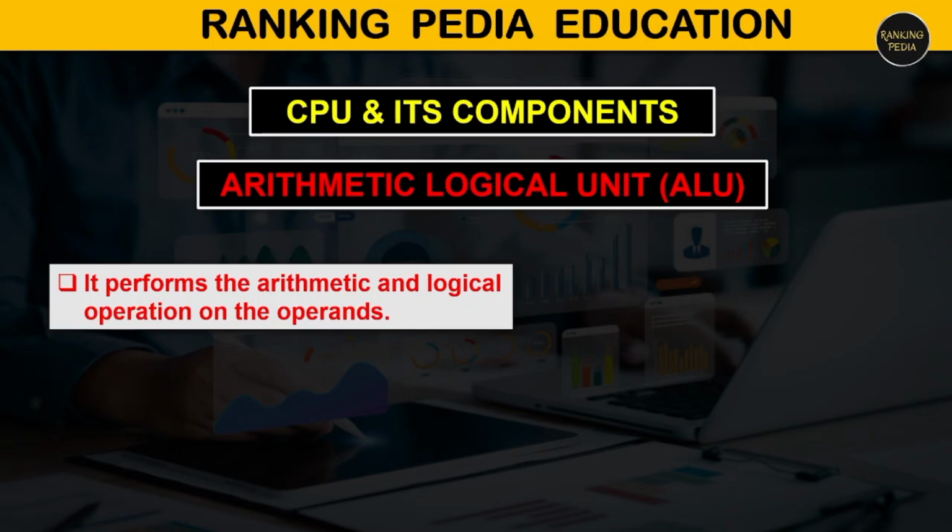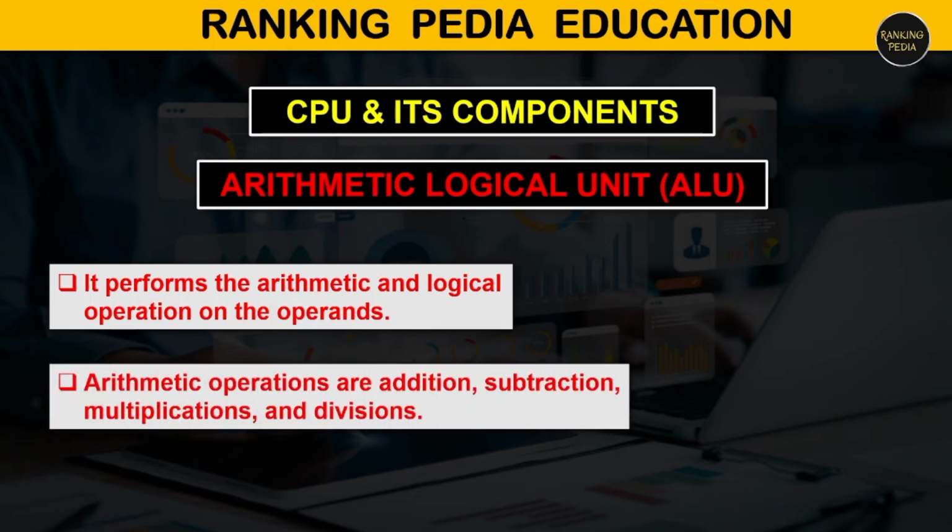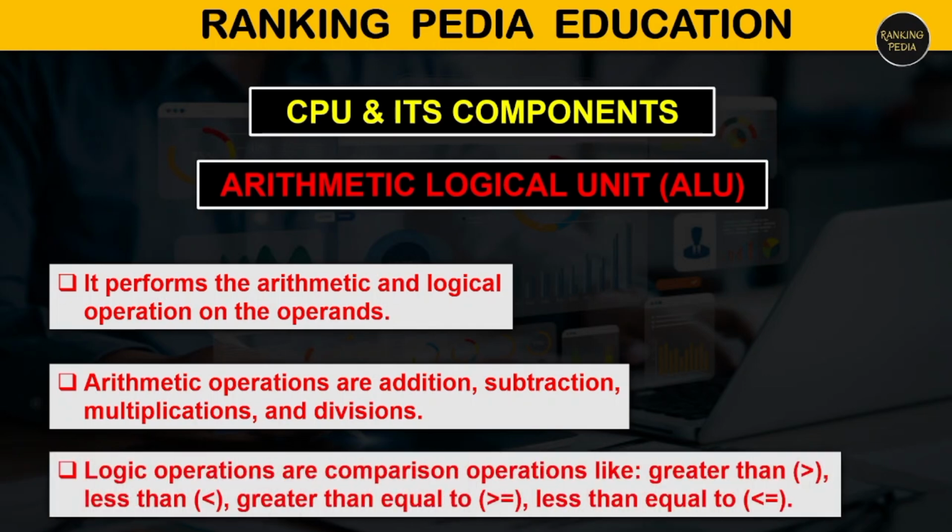Arithmetic operations are addition, subtraction, multiplication and division, whereas logical operations are like greater than, less than, greater than or equal to, or less than or equal to. These logical operations test various conditions during processing, and the data or operand acts as an input for the ALU and it generates the output as a result of computation.